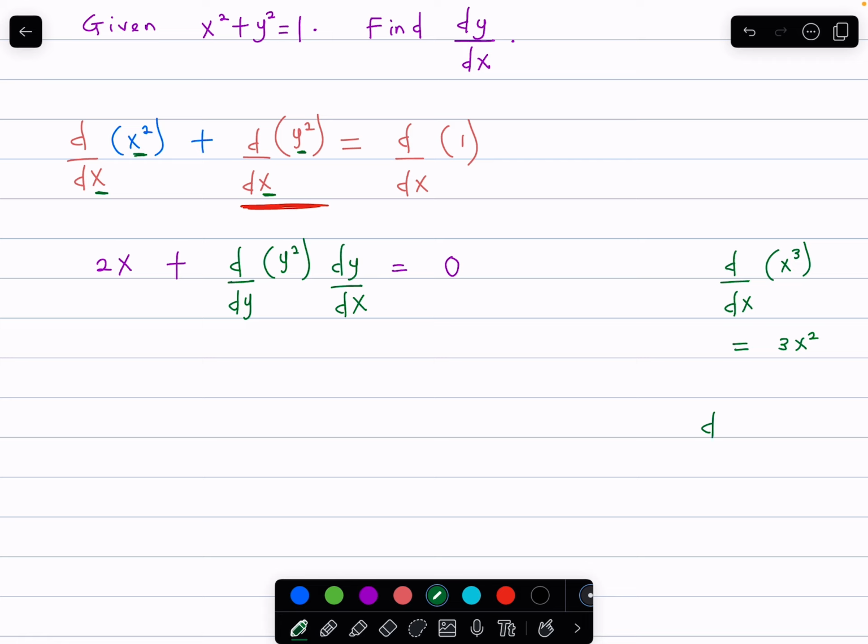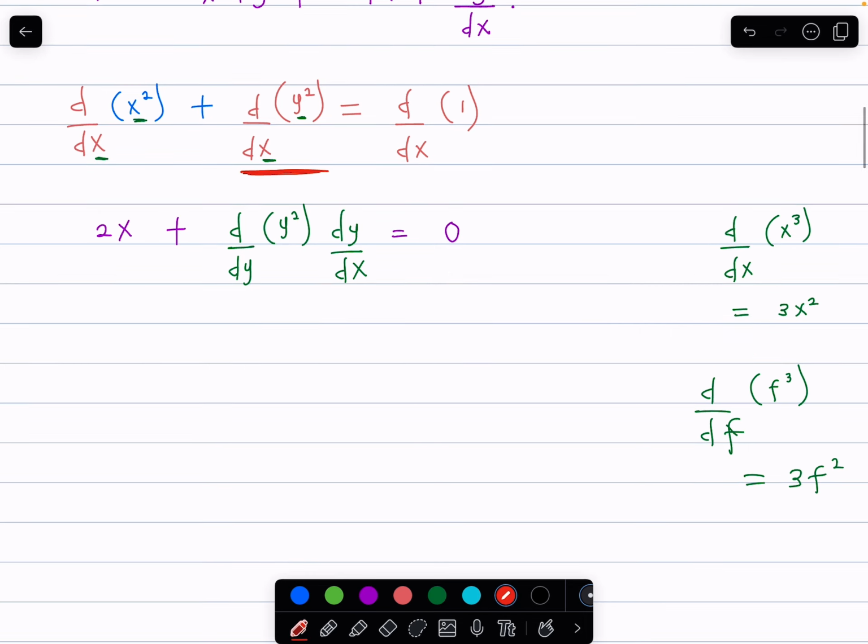So the same thing, let's say the derivative of f cubed is also going to be what? 3f squared, right?